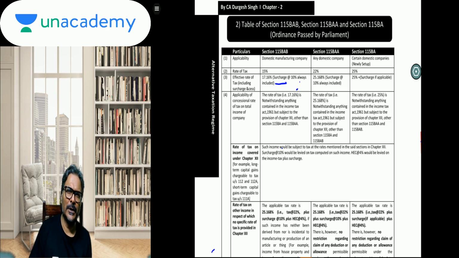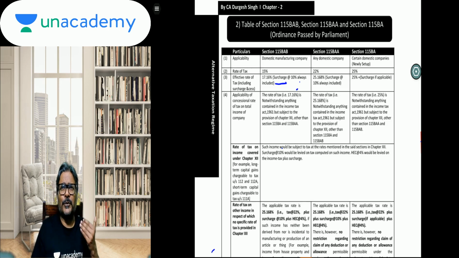The total income so computed would be an enhanced amount, and on that total income the tax liability would be charged, and the rate at which the tax will be charged, students, would be on a higher side. Sorry, would be on the lower side. So that is exactly what this particular regime is all about.